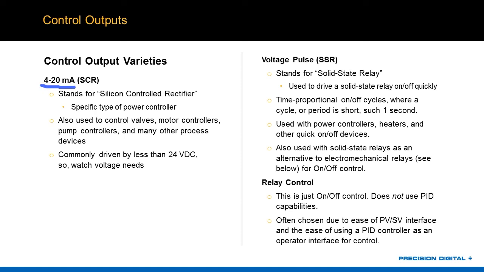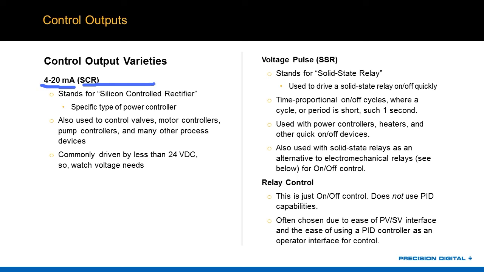Now, those of you in the audience here, many of you use control valves, motor controllers, pumps, all kinds of other process devices that are going to use this 4 to 20 milliamp out to control something between 0 and 100% on or off. And that's fine, right? SCR, it's just a legacy term. So don't really worry about what that means. If you're working with a valve that the position of which is determined by a 4 to 20 milliamp signal, great, you want an SCR output.